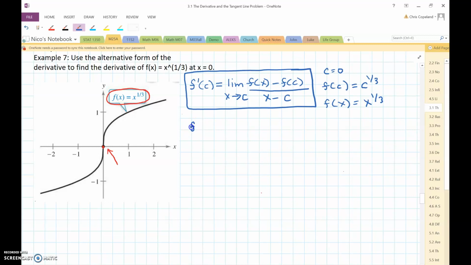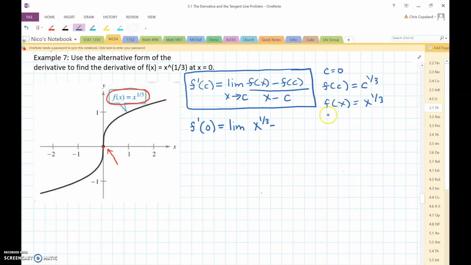So f prime of c, which is 0, we're trying to find the slope of this function when the c value is 0, it's just an x value, is equal to the limit of f of x, which is x to the 1/3 power, minus f of c.